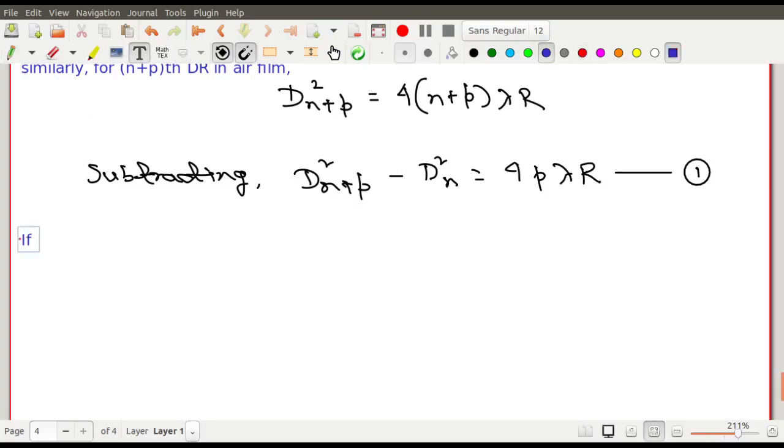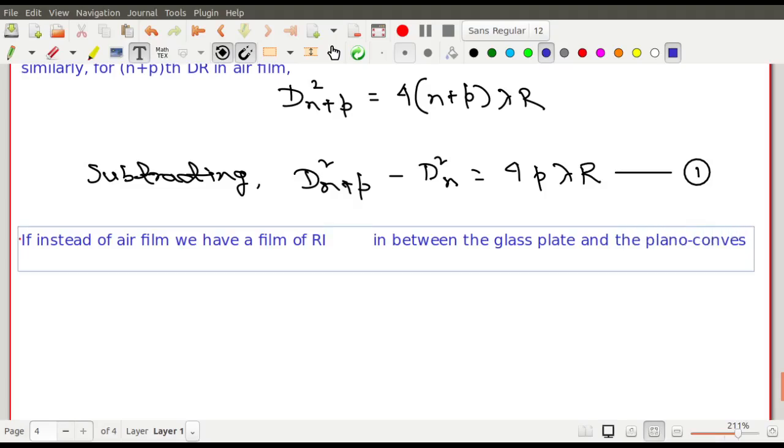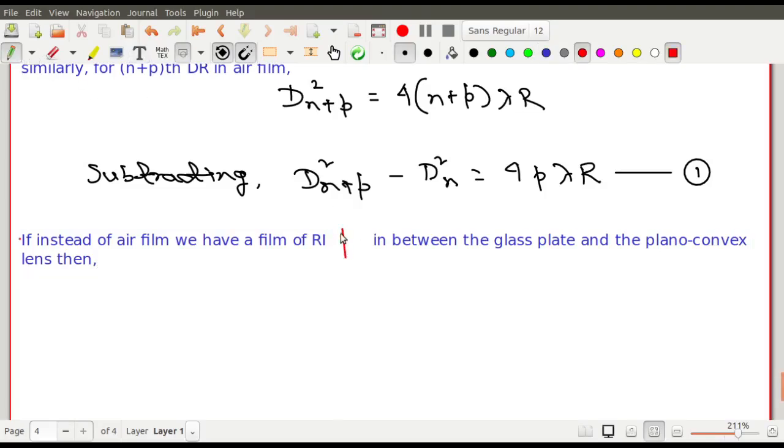If instead of air film, we have a film of refractive index mu in between the glass plate and the plano-convex lens, then what will happen?